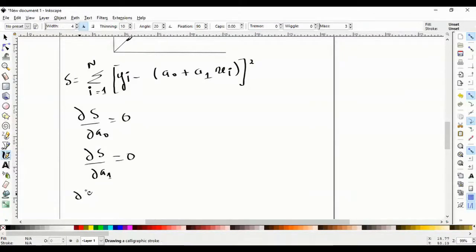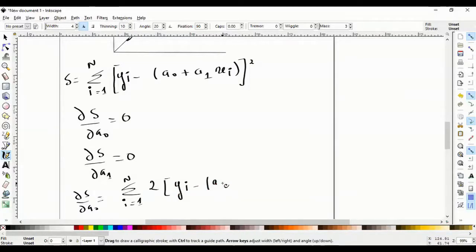So dS over da0 is equal to the sum from i equals 1 till n of 2 times this quantity, yi minus (a0 plus a1 xi), multiplied by the derivative of this quantity with respect to a0.